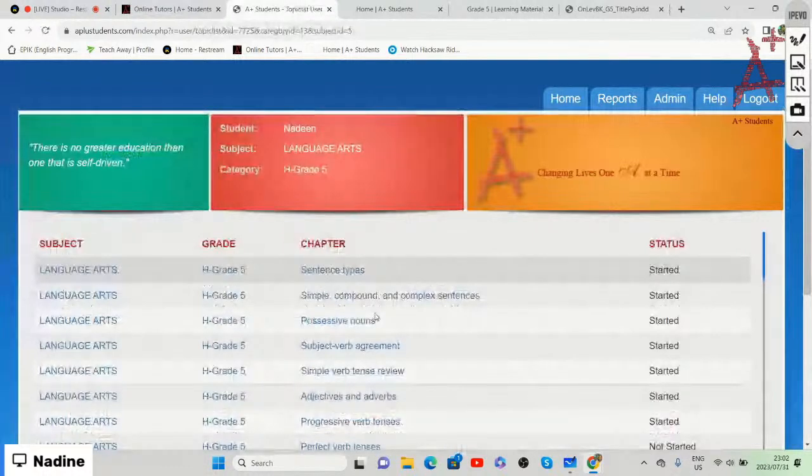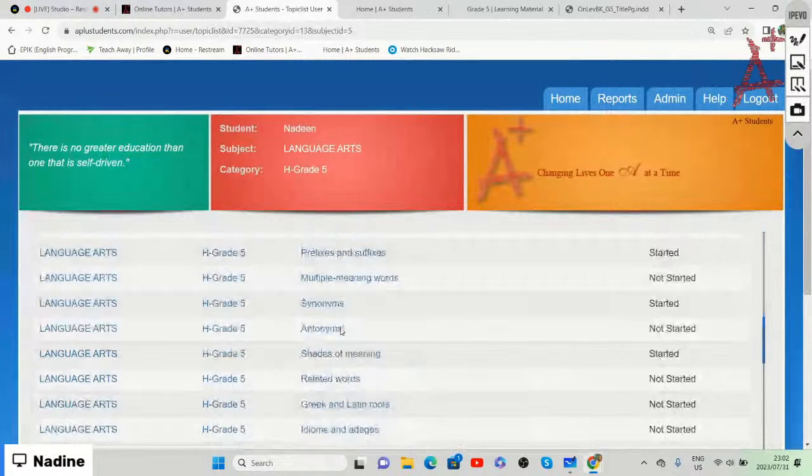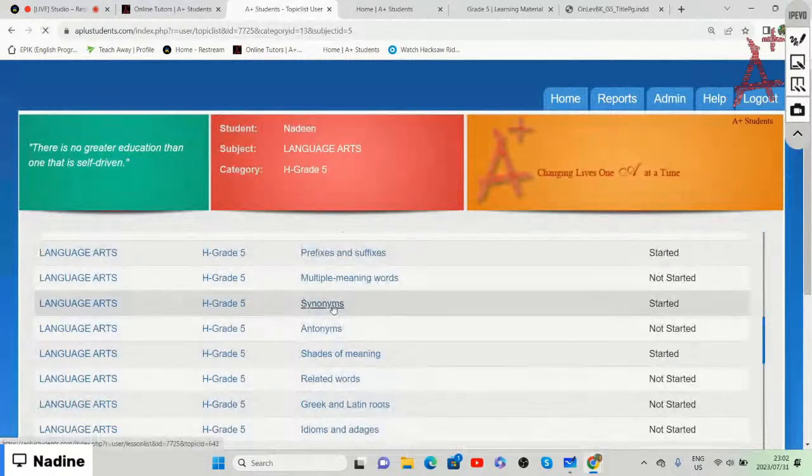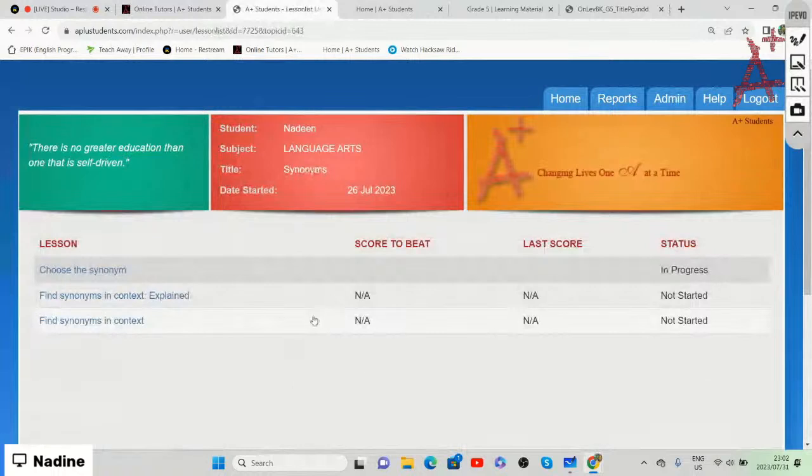All right, so once we are in grade 5, because that is going to be the grade that we're teaching today, you're going to scroll down until you get to the chapter of synonyms. So you're going to click on synonyms. Under the chapter of synonyms, we're going to be focusing on the lessons of choose the synonym, find synonyms in context.